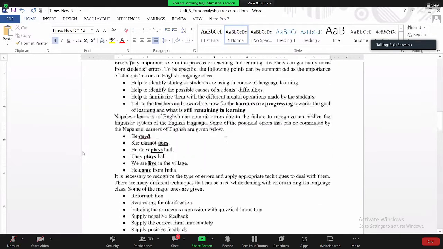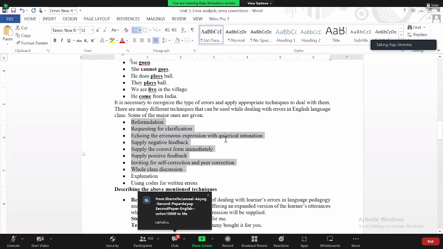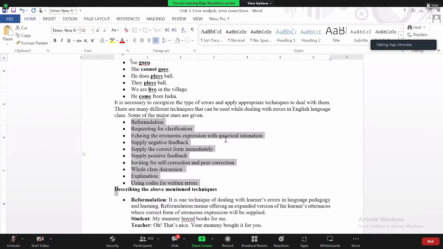Now here in the exam you see the description. If you have a time management problem, do not list these techniques; directly go to the description, like describing the error correction techniques.